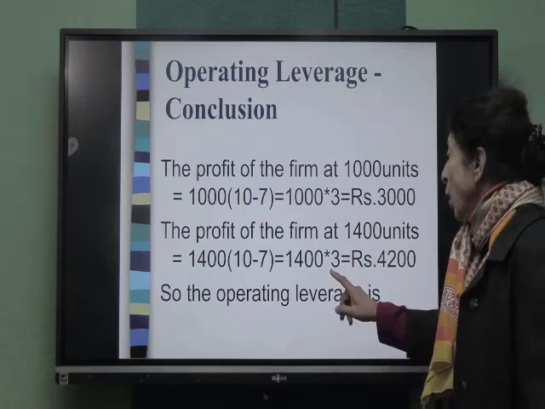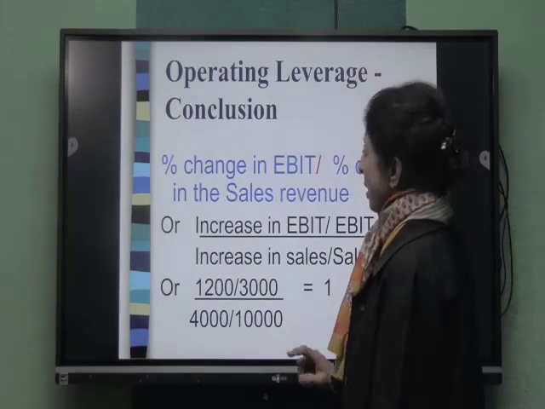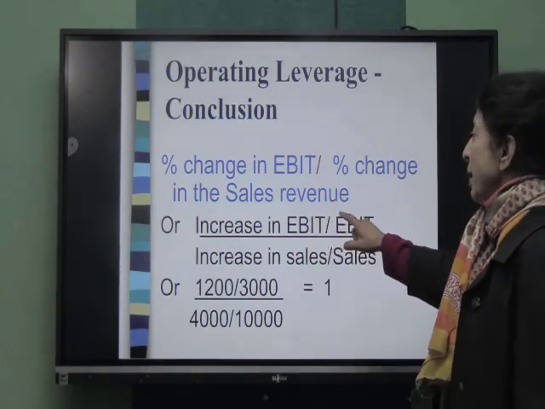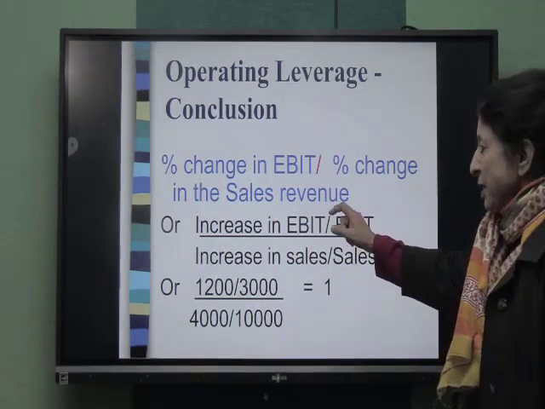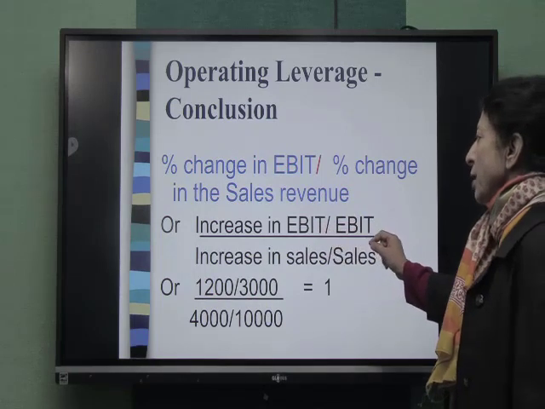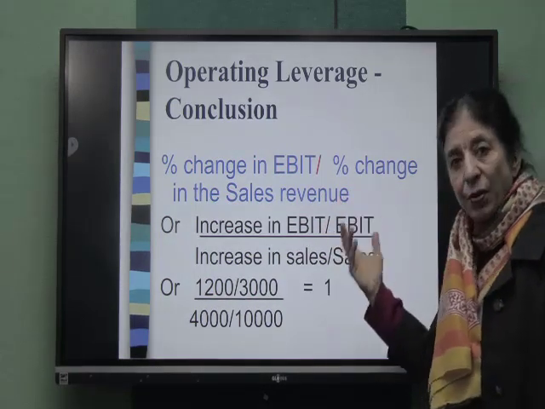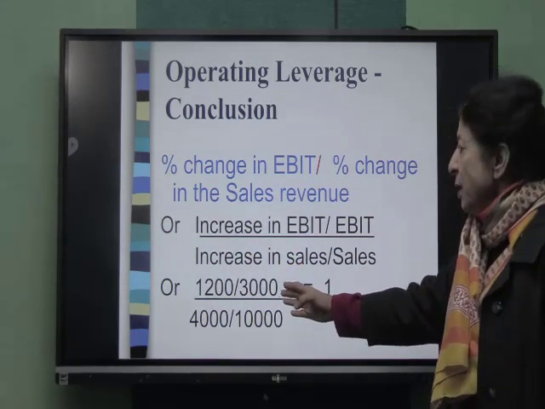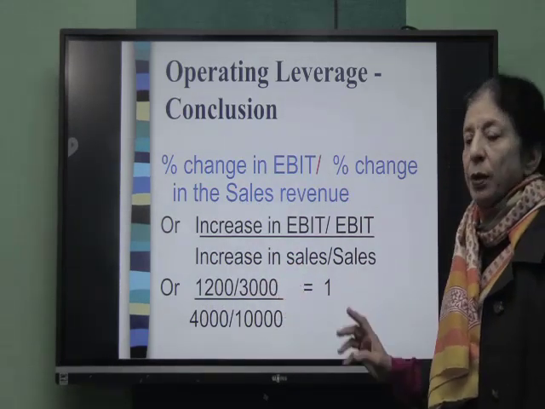So the operating leverage will be, look carefully. What was my formula? The formula was percentage increase in EBIT upon percentage increase in the sales, that is 1200 upon 3000 upon 4000 upon 10,000.